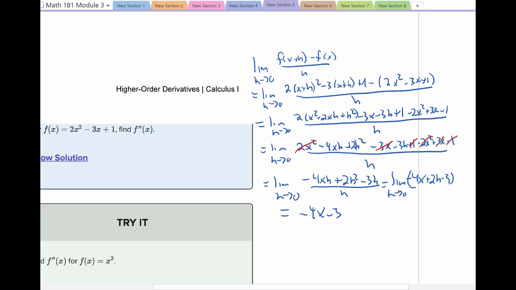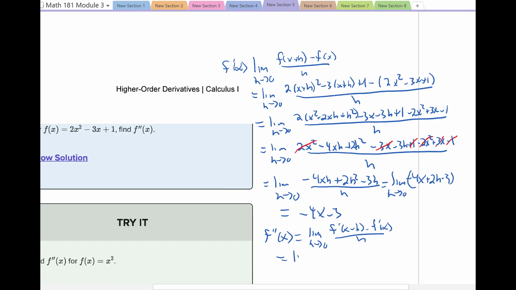So now if we look at the derivative of this, the second derivative of the original function, so this was the first derivative. For a second derivative, that's going to be the limit as h goes to 0 of f prime of x plus h minus f prime of x all over h.